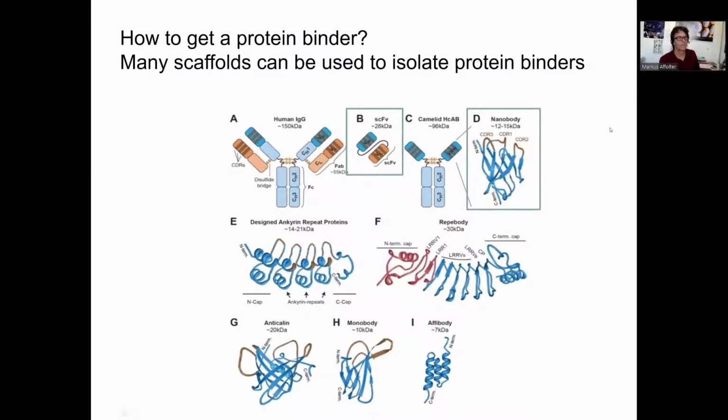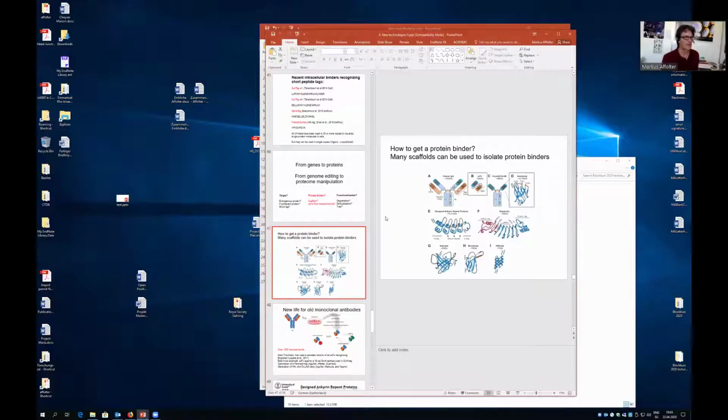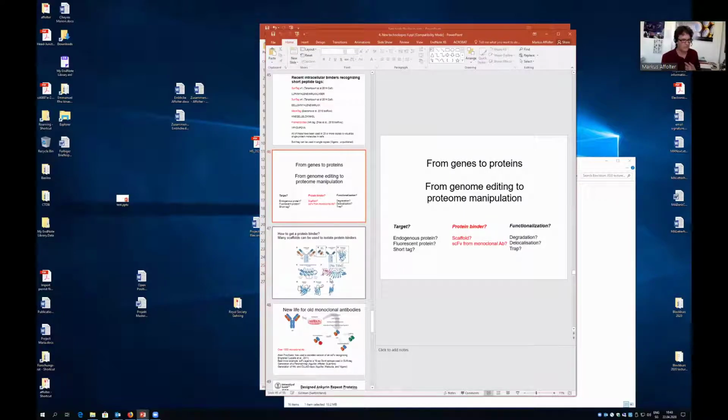So lots of possibilities for clinics, lots of possibilities for developmental biology, because now we can manipulate proteins, the workers, the guys who do the job, and we don't have to go through the DNA to do it. So this is a revolution, there's no doubt, and developmental biology profits terribly from this revolution, and of course we hope to contribute a lot to it.